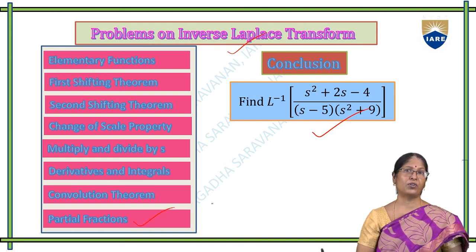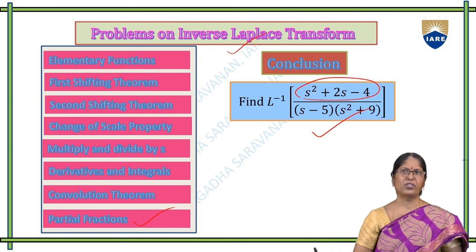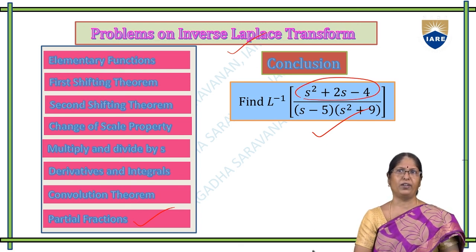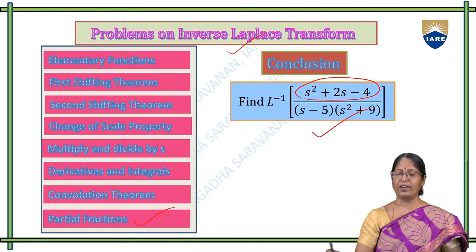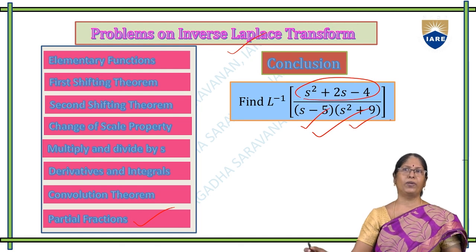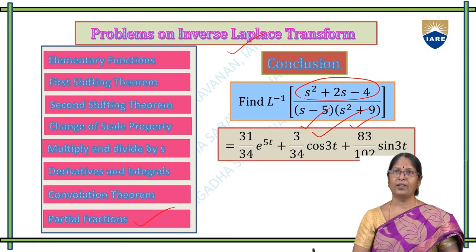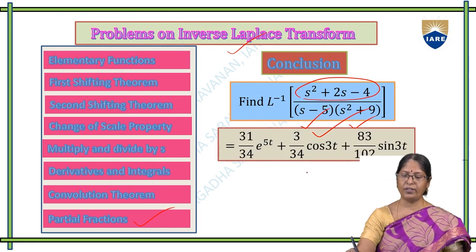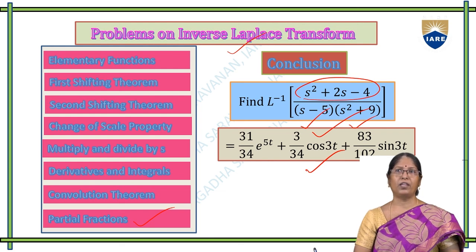Finally, this partial fraction fits. So we come to the conclusion that whatever the complicated numerator, s square or s cube, the partial fraction completely fits. Only thing is, if we solve here we get a real number, here complex, and how to split a complex one we also discussed. So completely discussing, the final result we achieved is 31 by 34 e power 5t plus 3 by 34 cos 3t plus 83 by 102 sin 3t.